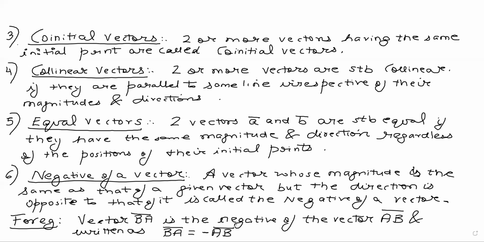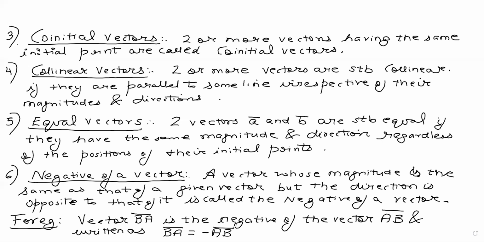Now guys, both these vectors BA and AB have the same magnitude. What is different? BA is going in the opposite direction as compared to the vector AB. For example, if vector AB is going in the northwest direction, vector BA will go in the southeast direction, exactly opposite.